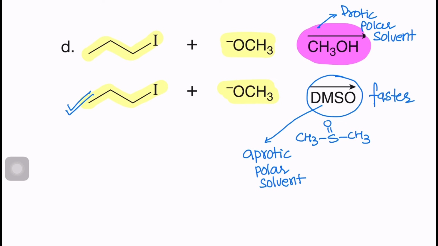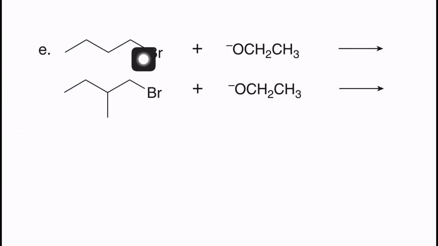Let's move to the next one. Now, in this case, the nucleophile is the same, that is ethoxide, a strong nucleophile, but the alkyl halide is different. In the first case, we have 1 degree alkyl halide. This one is also 1 degree alkyl halide because this is a 1 degree carbon. But because of this methyl group, in the second case, there will be steric hindrance.